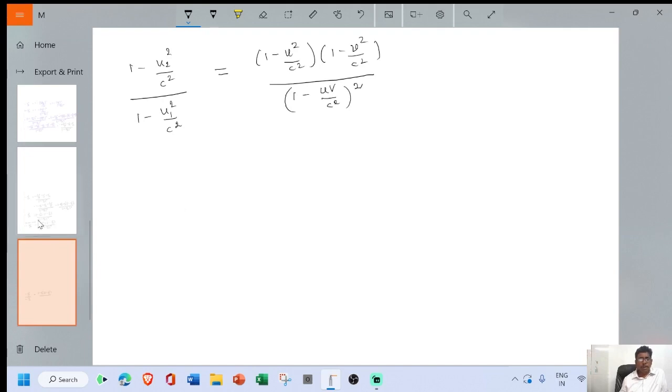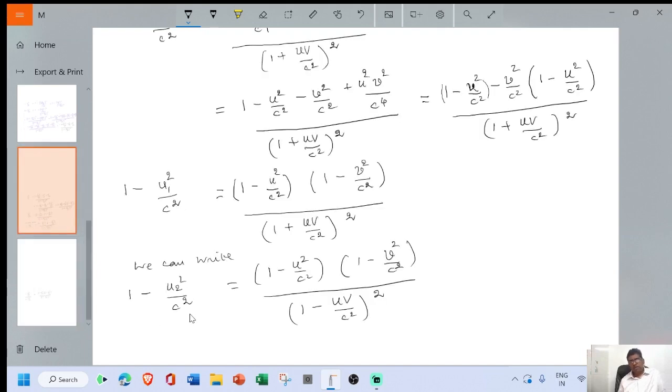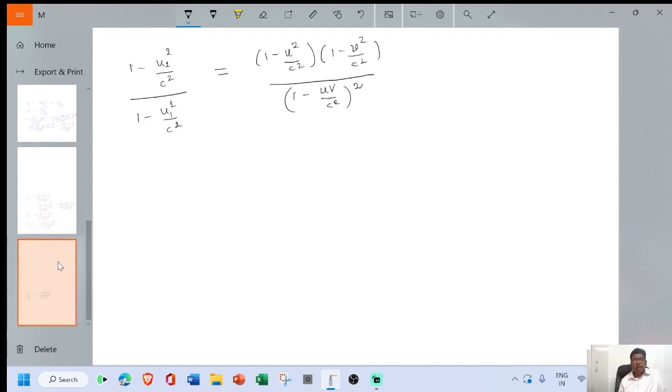See, this is the value of 1 minus u2 square by c square whole divided by 1 minus u1 square by c square. That is equal to (1 plus uv by c square) whole square whole divided by 1 minus u square by c square into 1 minus v square by c square.